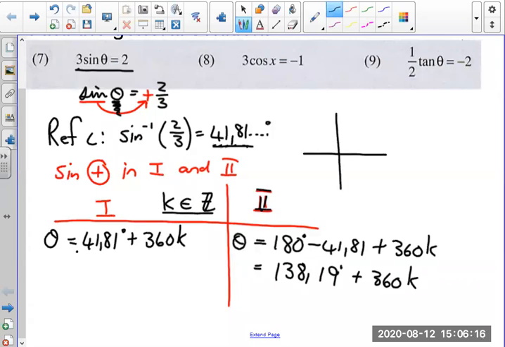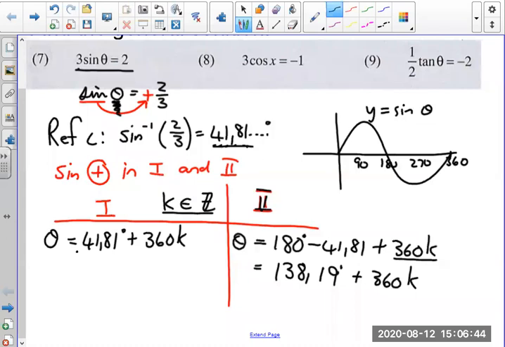Okay, why 360k? If you think of the sine graph, y equals sine x or sine theta. Can you remember the period means how many degrees it takes to make one complete wave? I've drawn you one complete wave. So the period of the sine graph is 360 degrees. So that means if you look at the sum, where will sine be equal to 2/3?